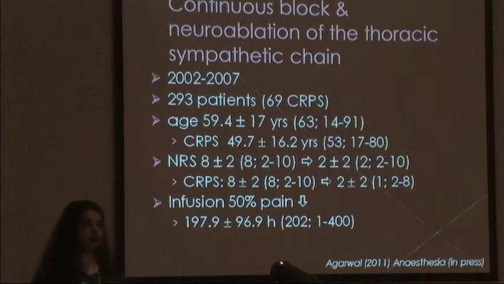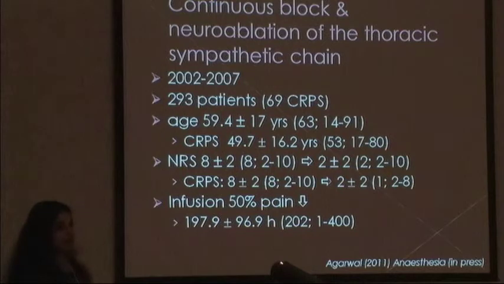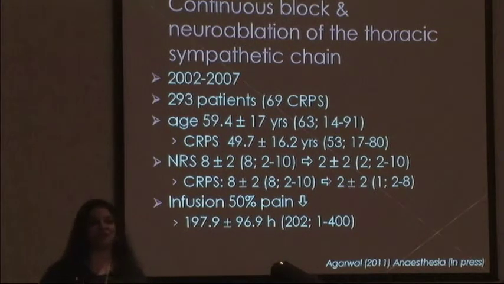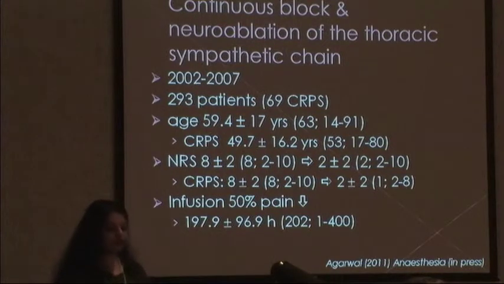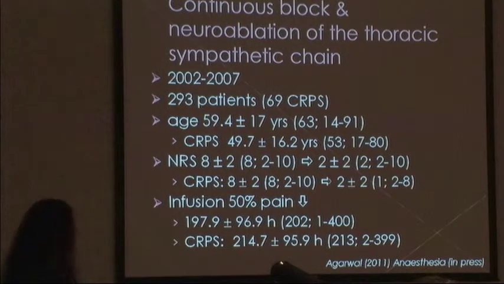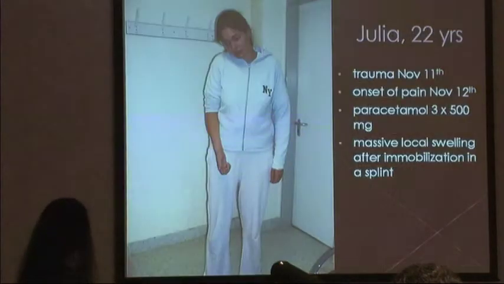Whereas if you use a longer-lasting drug, we don't have a drug that lasts for 202 hours, I know that. But if you use a drug that lasts a little longer, you might be able to reduce the pain much more easily. And if you do the continuous infusion, it's even better than that. And what we could see in the CRPS patients is that they took even more time.